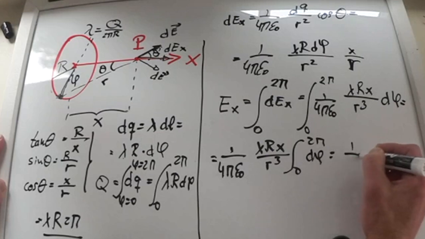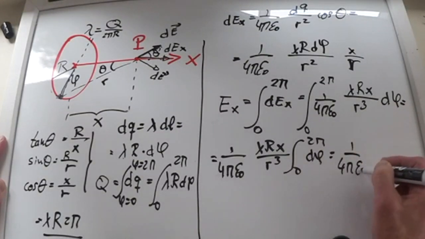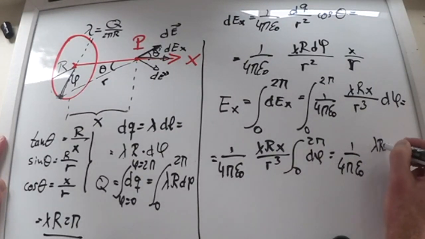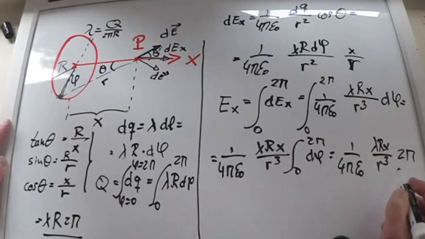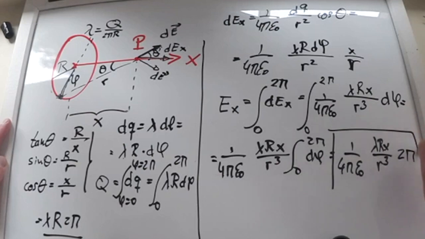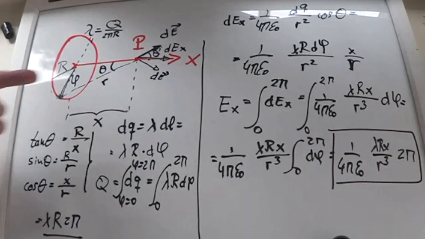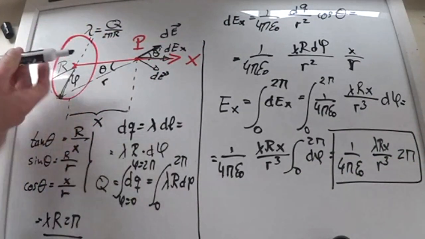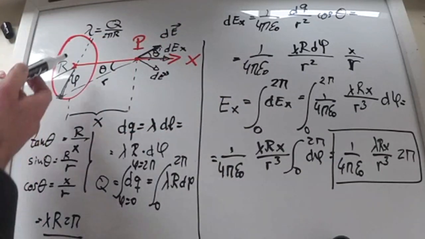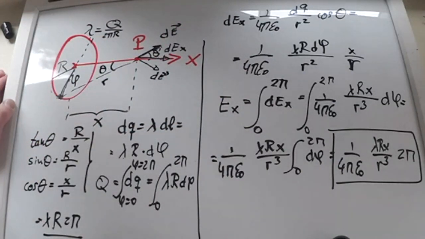So this is 1 over 4 pi epsilon naught lambda R x over r to the power of 3 times 2 pi. So that is the electric field created, in the x-axis, by this ring on an axis that goes through the center of the ring and is perpendicular.